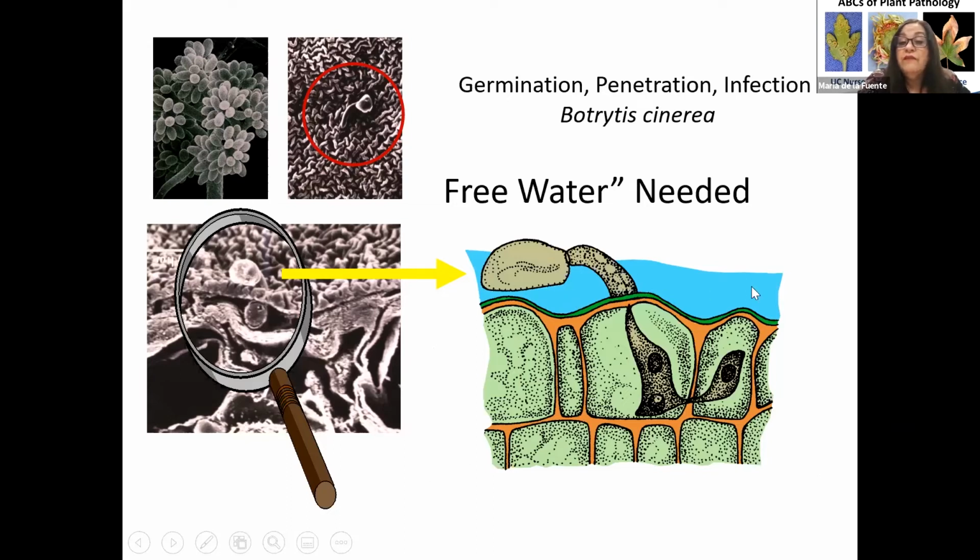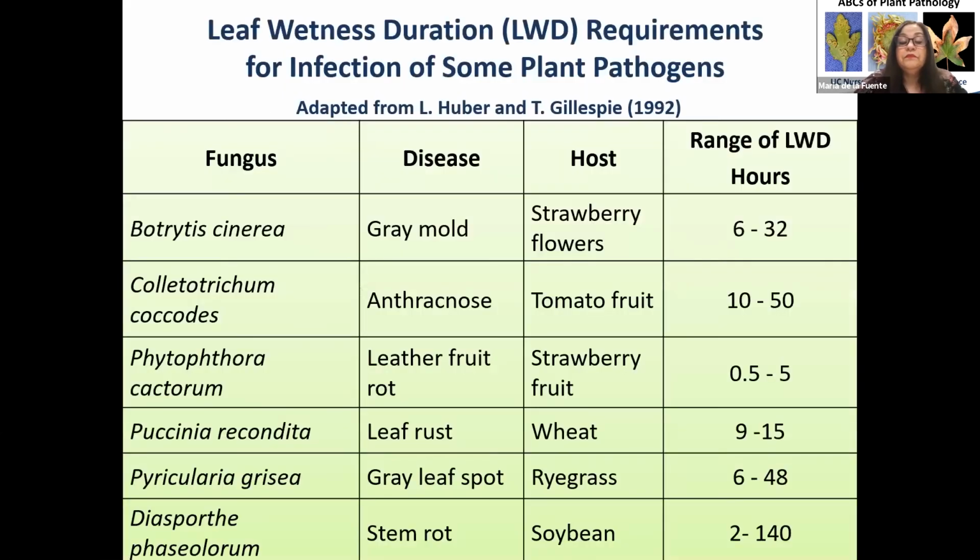So if we avoid this free water, by increasing our ventilation, of course, or reducing our sprinkler irrigation and using more drip irrigation or subsurface irrigation, we avoid these problems with botrytis.